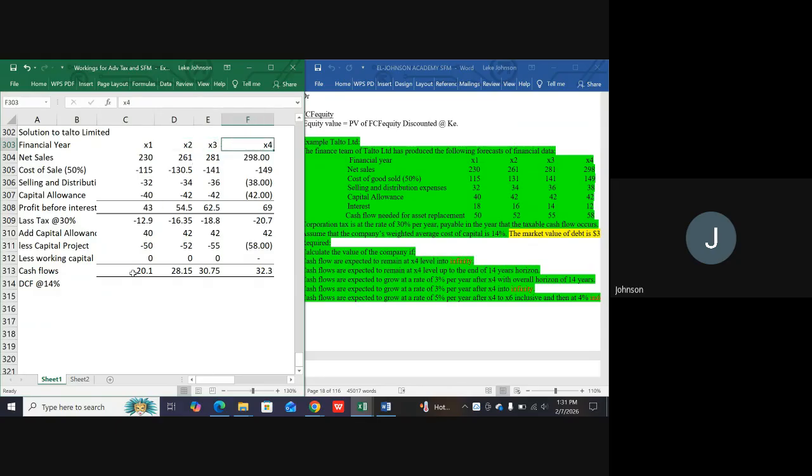But we want to get the value as of today, right? So we need to discount it to present value. Since the cash flows are not the same, we have 20 here, we have 28 here, we have 30, we have 32. So to discount it, we are going to use the single period discounting method.